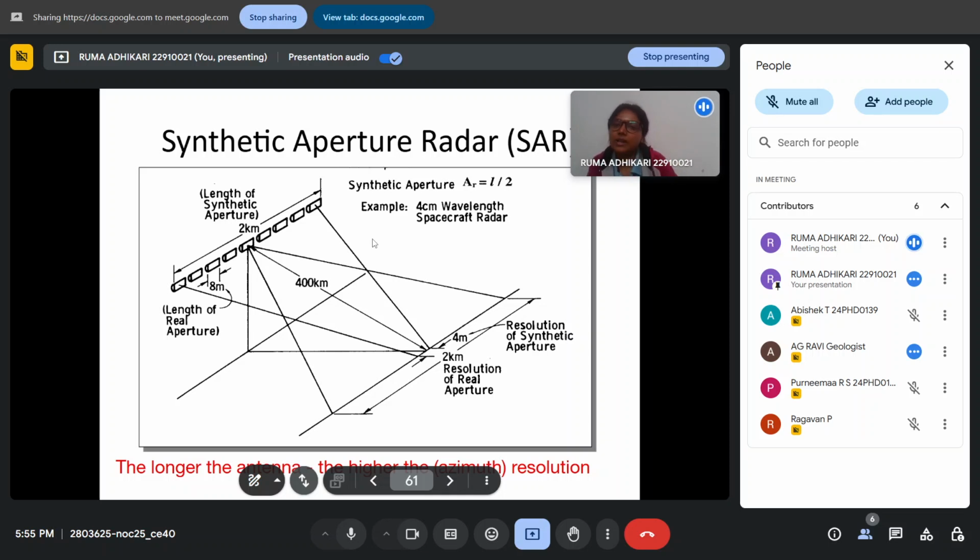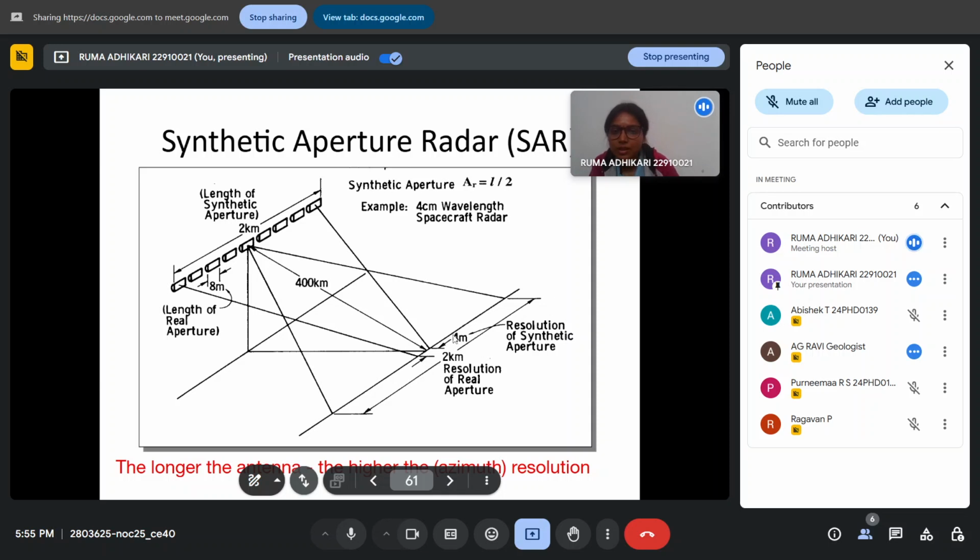That's why SAR sensors are very costly and very high in maintenance. That's why the data are also very costly and not many open source data are available. The reason is that high power signals are used and the sensor and everything are so heavy. Here this is the resolution of real aperture, and this is the resolution of synthetic aperture.